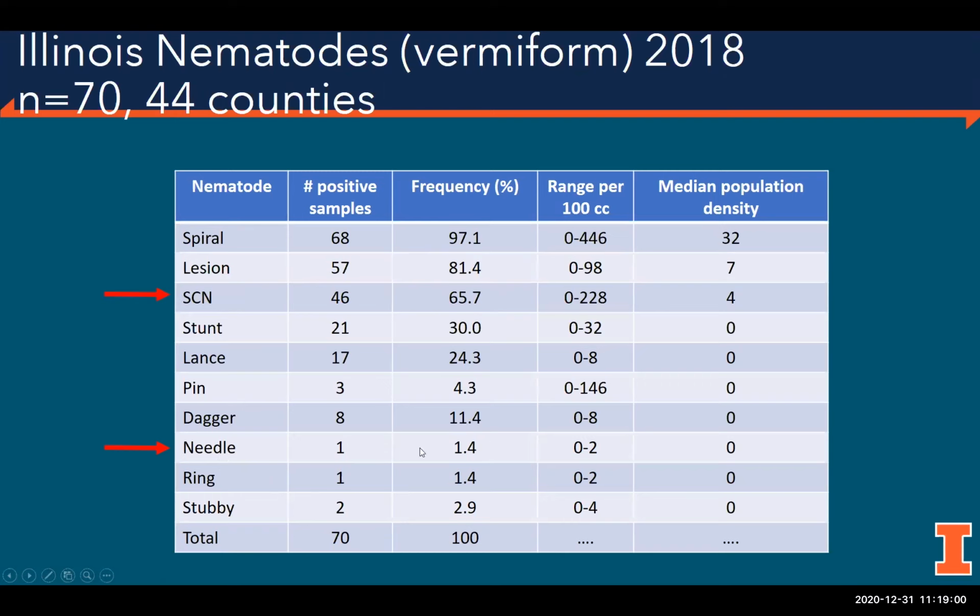We did see one field with needle nematode. Interestingly enough, in our corn, we didn't see any root knot, didn't see any sting. And again, we're limited by the number of samples we can take as well as the number of counties. So I'm not saying we don't have those, but we didn't detect them in our 2018 surveys.